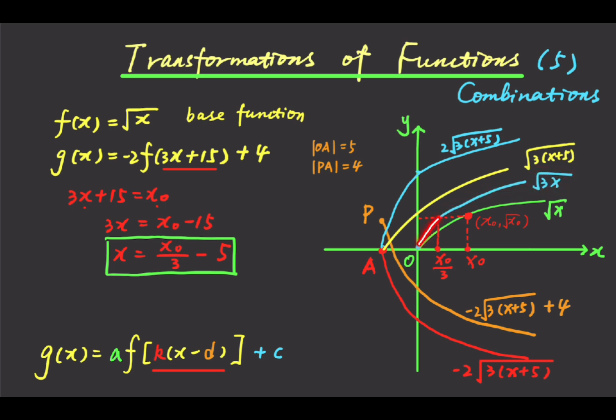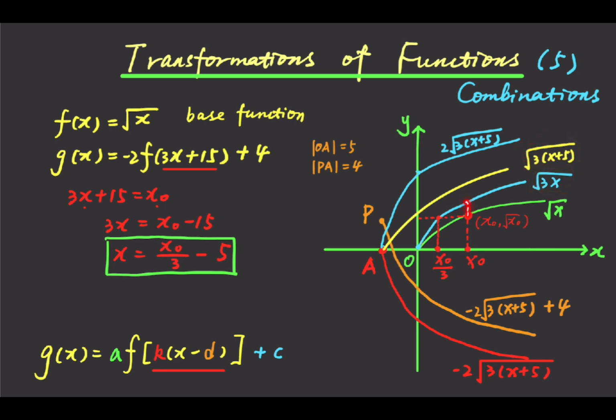On the basis of this function, we want to get f(3x plus 15). So we need to guarantee x plus 5 equals x0, 3x plus 5 equals 3x0. We need to compare this function and this function.